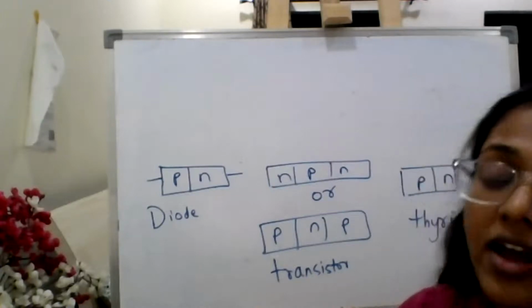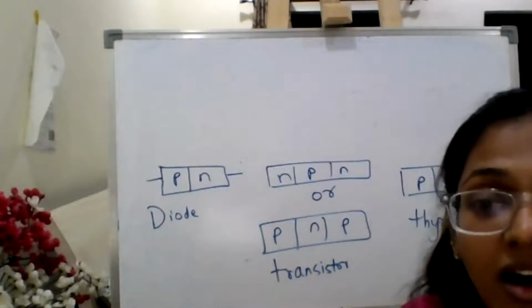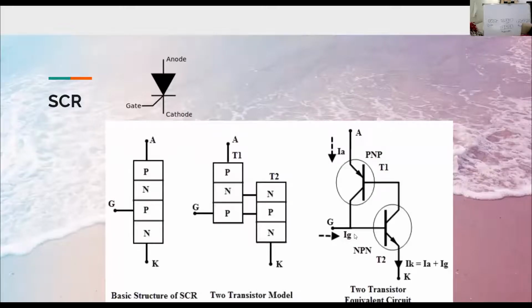So it's good, right? So we will see the first type of thyristor, that is an SCR, that is silicon controlled type of a thyristor. Okay, so this is a silicon controlled rectifier, SCR. Now in all, there are three types, SCR, diac and triac. Three types of thyristors are there.